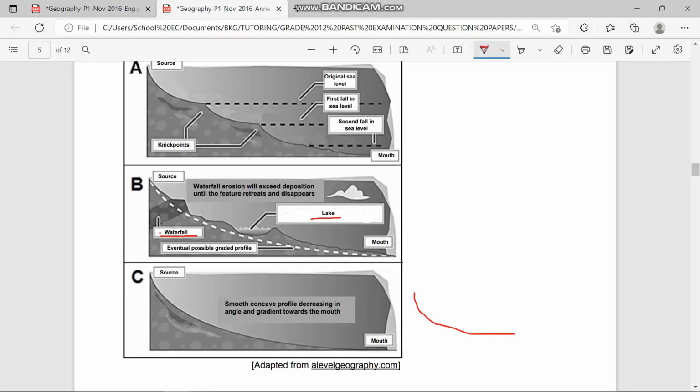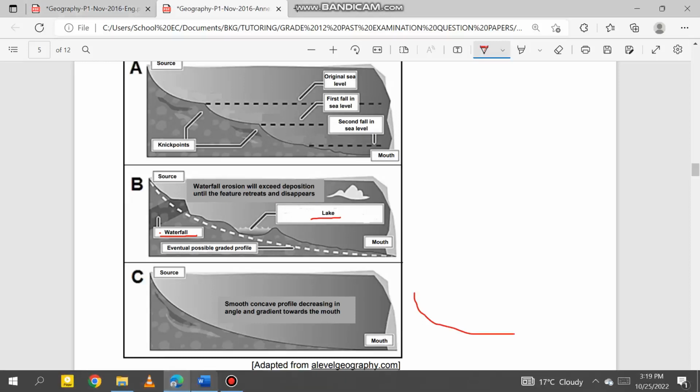Second, there is the presence of nick points or waterfalls, an ungraded profile. And there is a sudden change in gradient, as you can see after moving from those two nick points.